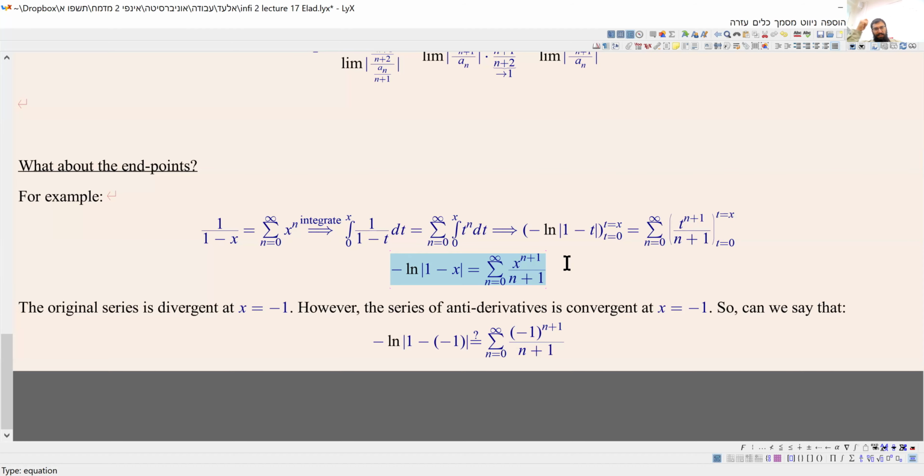At x equals -1, the original series was not uniformly convergent, was not even pointwise convergent. And this question only emerges at the endpoints, because for every point inside the domain of convergence, we already know that the series is uniformly convergent and we can perform integration element by element.